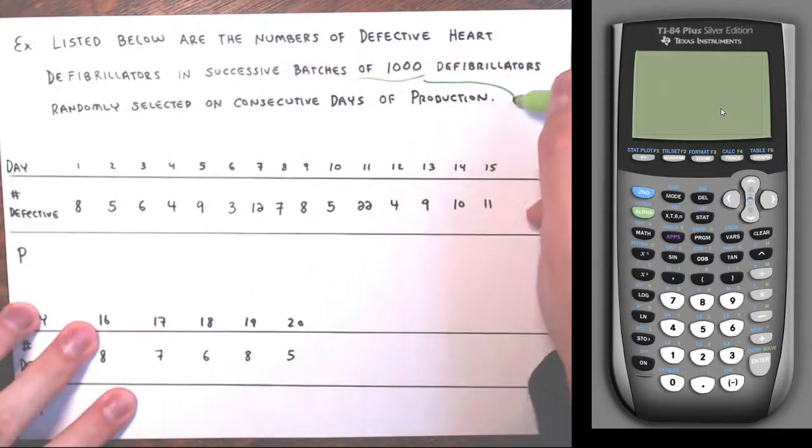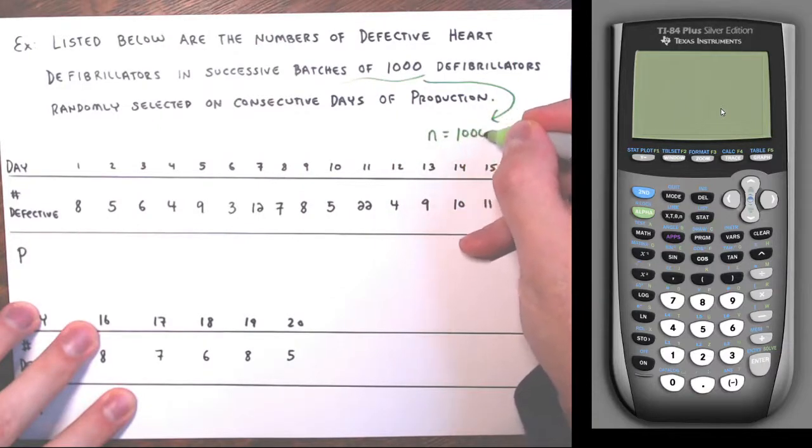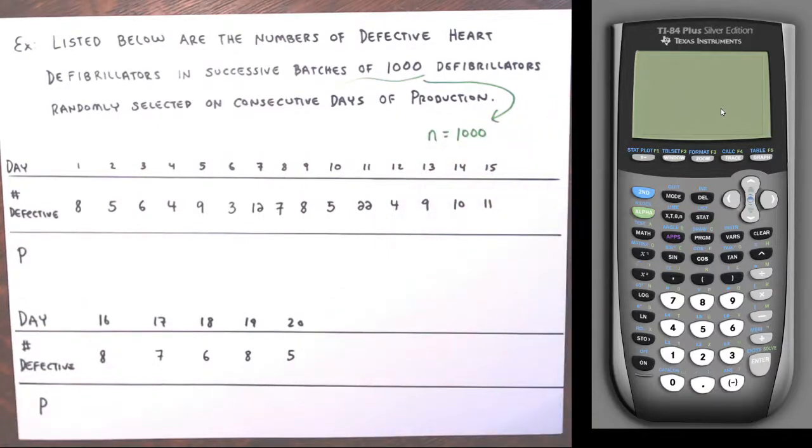So that's the value of n here. n is 1,000 this time. Each day has a sample of 1,000 of these defibrillators that are pulled, and then they're tested. Maybe their batteries tested, or how they operate, their measurements, whatever, to see if they meet all the specifications that the company has.